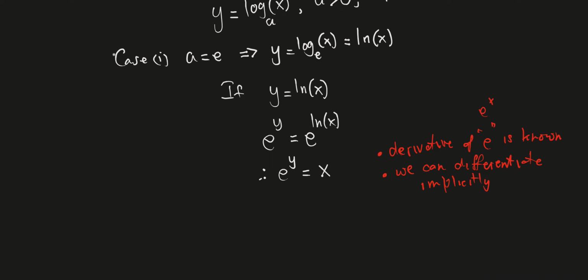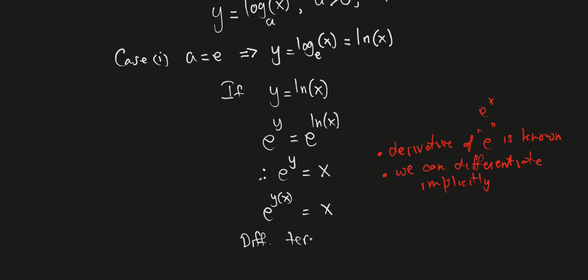Now remember, one way that we can start our implicit differentiation process is wherever there's the dependent variable y, just replace it with y of x, right? And then differentiate term by term. So that's what we're going to do.